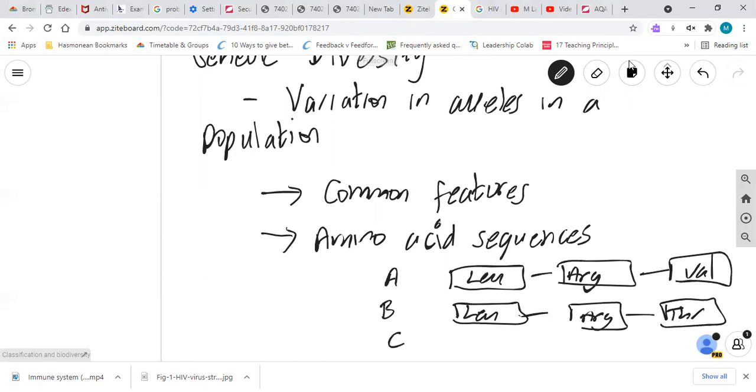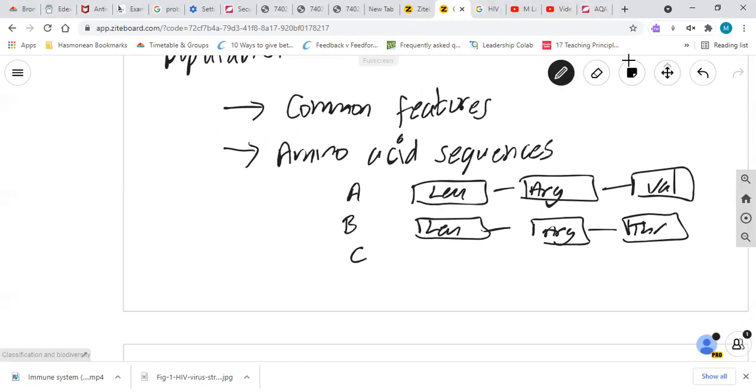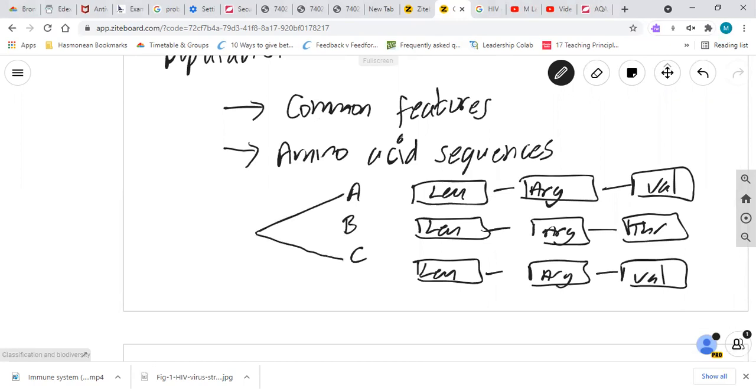And organism C has got leucine, arginine, and valine. So what does this tell me? It tells me that A and C are similar and more closely related because their amino acid sequences are 3 out of 3 the same, whereas B obviously has one difference.